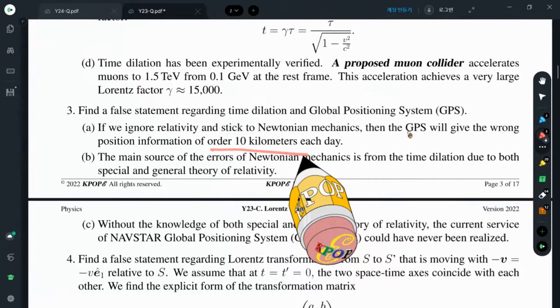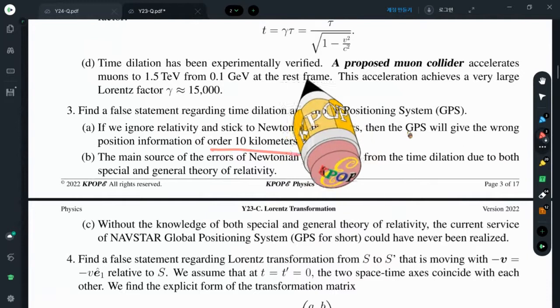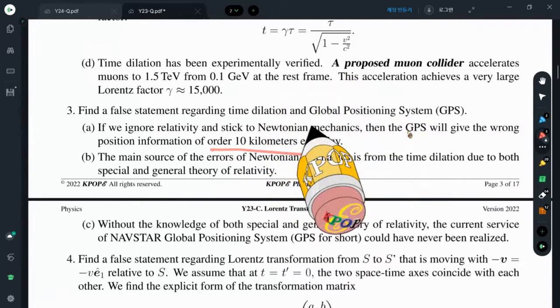So it cannot be used commercially. When you ride a taxi, if the map shows turn to the right 10 kilometers earlier or later, what's it for? There is no way to use the geopositioning system. So time dilation is not a joke, it's a fact.